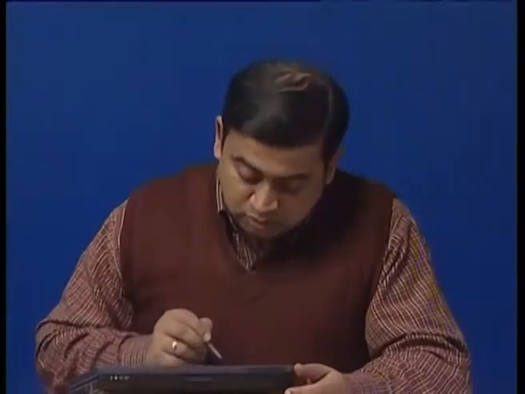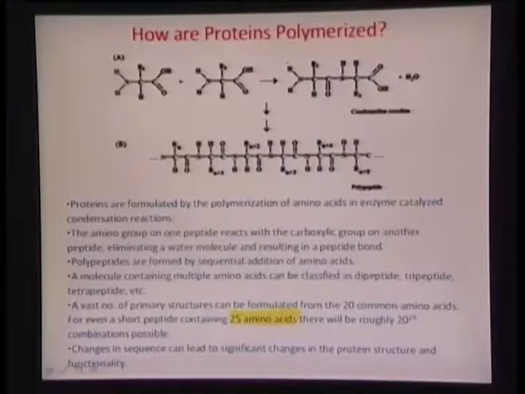If we want to do a combinatorial, let us say we are talking about a 25 amino acid sequence, and each of these 25 places can have about 20 different amino acids. If we can repeat a sequence, then the total number of permutations is about 20 to the power 25.